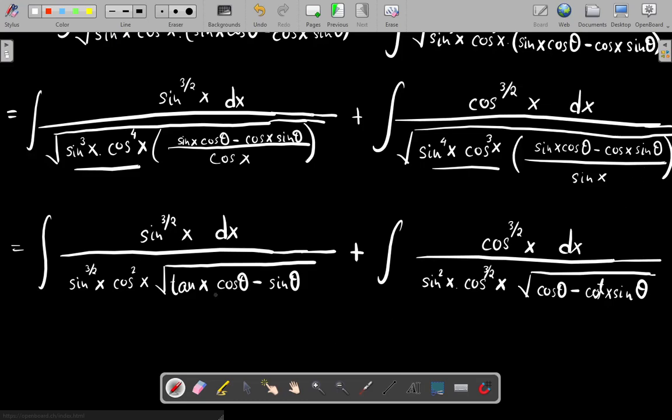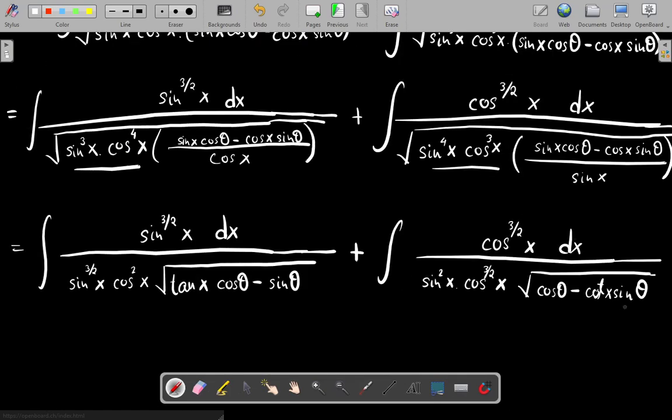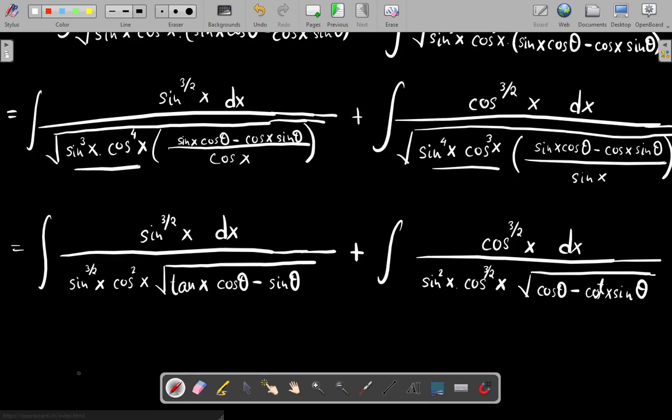Okay, so you see this square root of tan x cos theta minus sin theta, we have already got this, right? And similarly the square root of cos theta minus sin theta cot x, we have also got this, right? So this has simplified a lot, and now we can cancel these two terms from either integral.